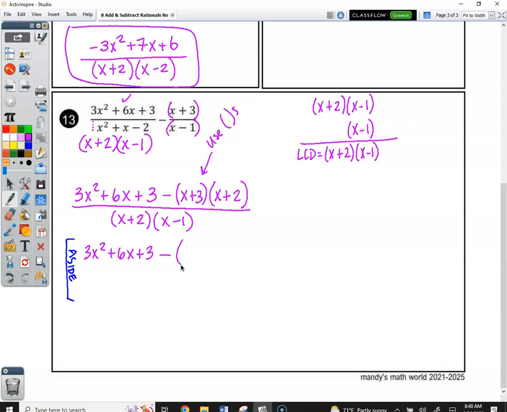All right, x plus 3 times x plus 2. What's that going to be? X squared plus 5x plus 6. Now distribute the negative.